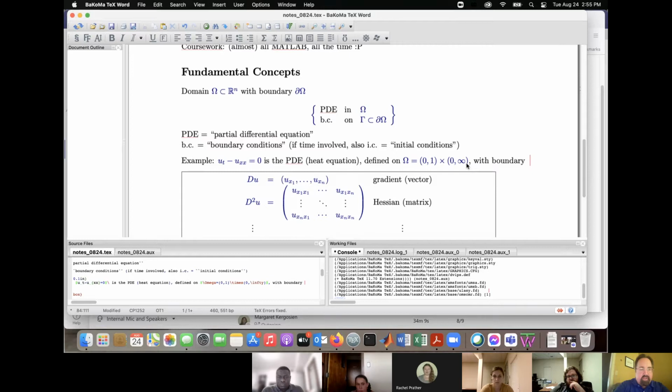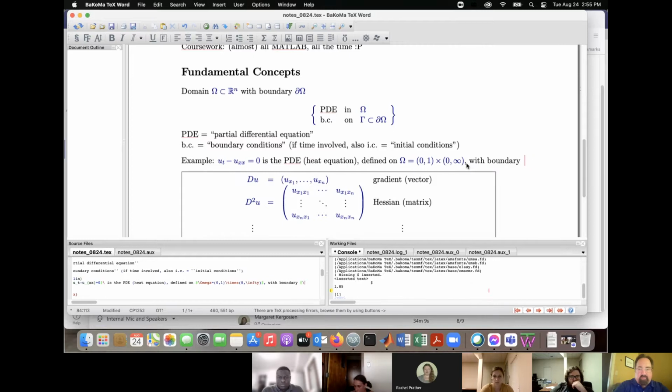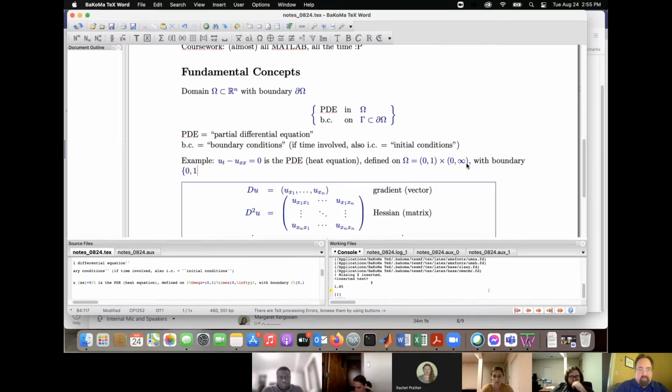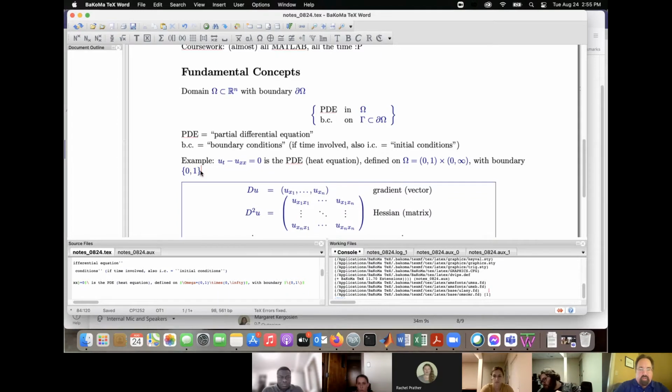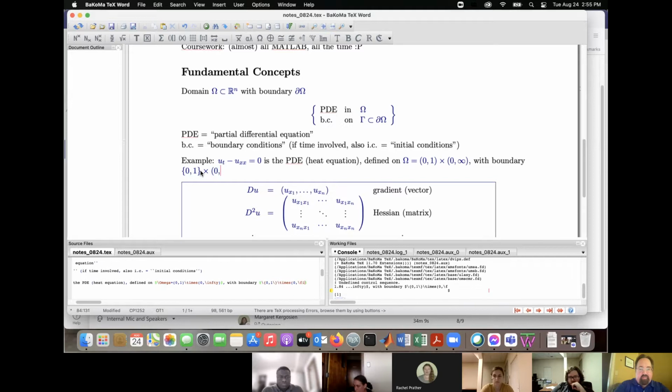So the boundary consists of the endpoints of the interval in x, so 0 and 1, just those 2 points, and for all time.